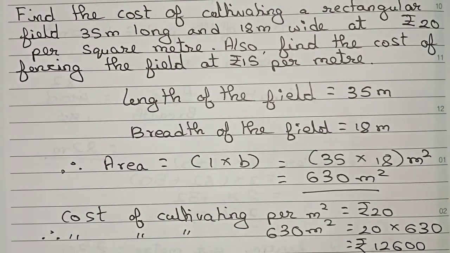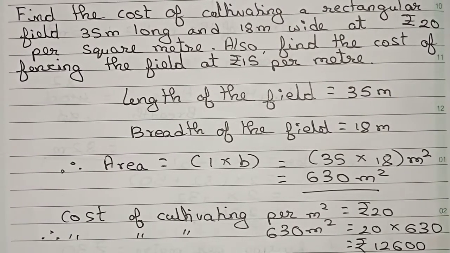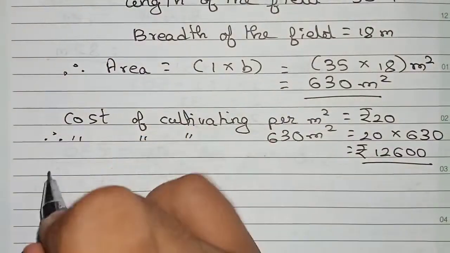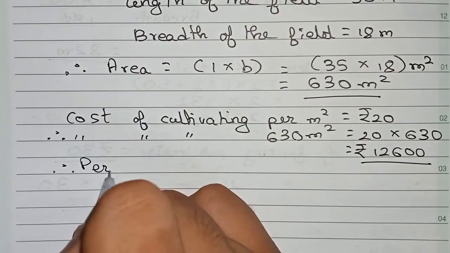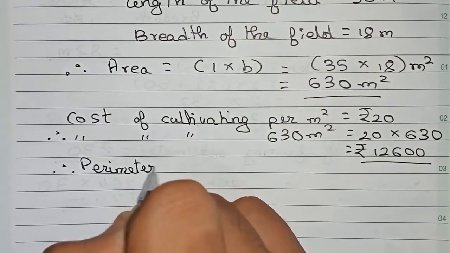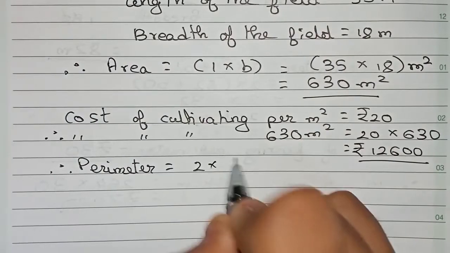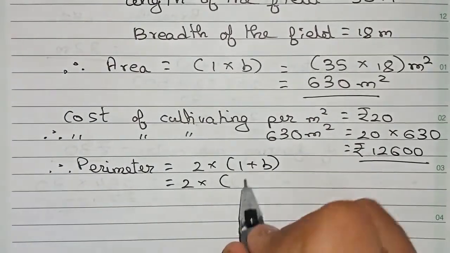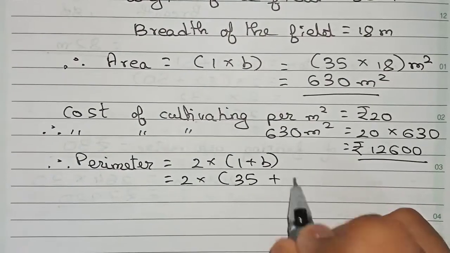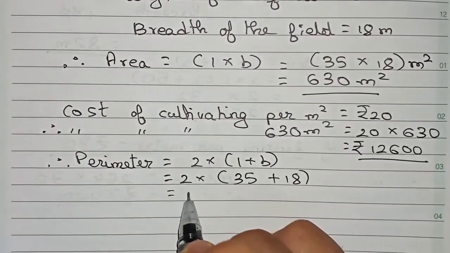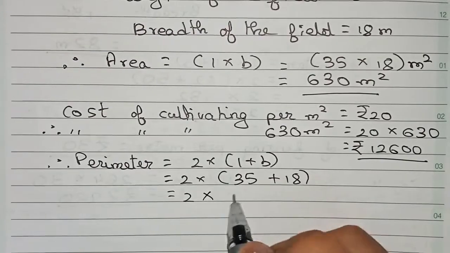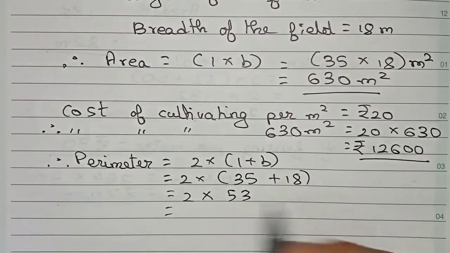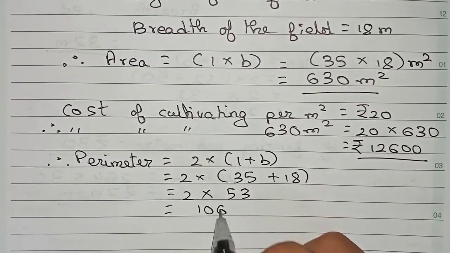Now we have to find out the fencing cost. For the fencing cost we have to find out the perimeter. So first we write the perimeter equals, the perimeter formula will be 2 into length plus breadth. So 2 into, length is 35 and breadth is 18. It becomes 2 into 53, 35 plus 18 is equal to 53. Now 2 into 53 is equal to 106 meter.